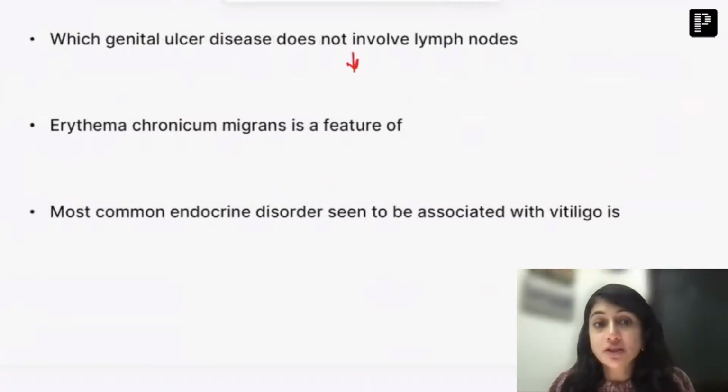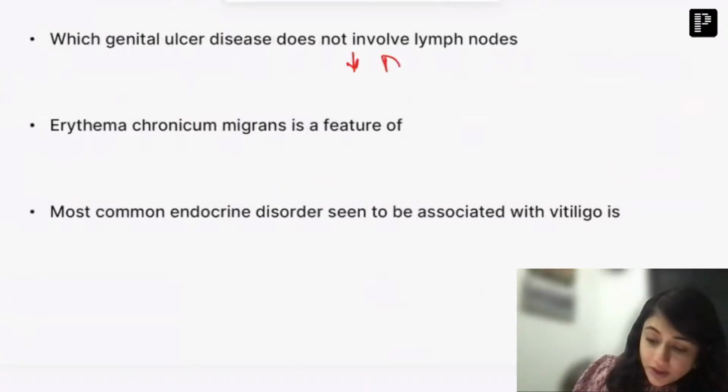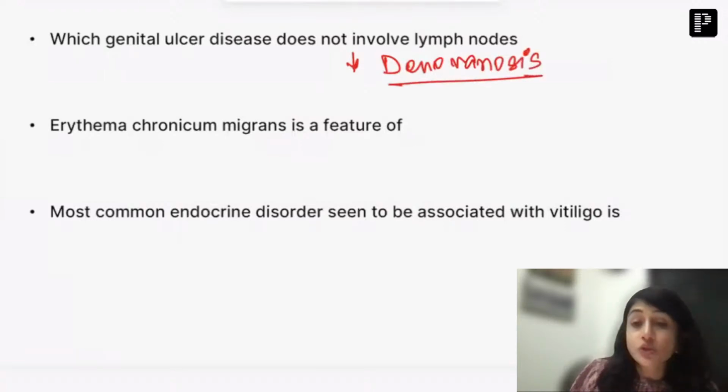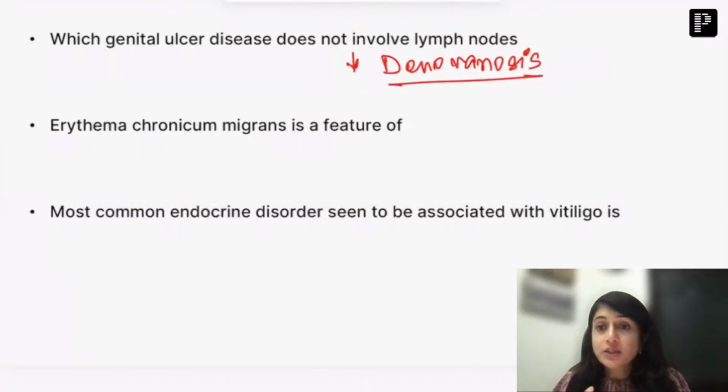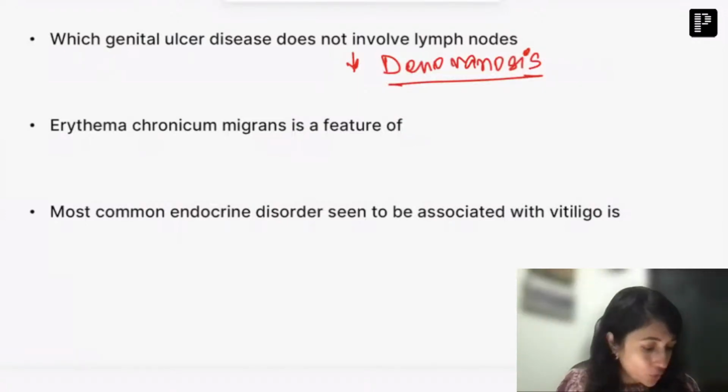I'm saying which genital ulcer disease does not involve lymph nodes. So this is donovanosis. In donovanosis, you do not see involvement of lymph nodes. You see pseudobubo, which is the appearance of a genital ulcer on lymph nodes. But donovanosis does not involve lymph nodes.